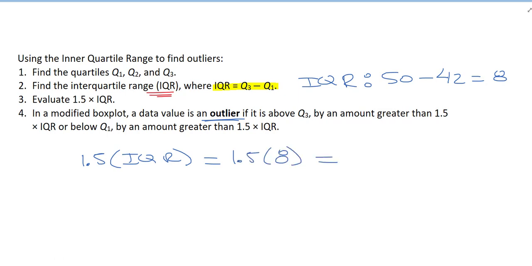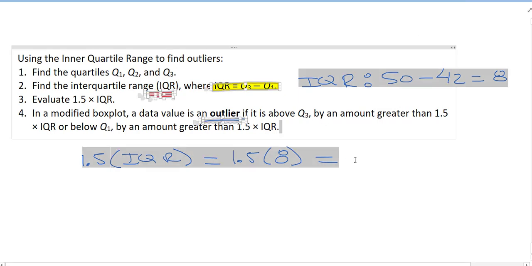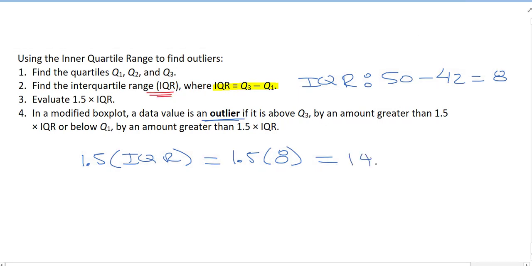And what is that? I get 14.4. So Q3 was 50, right? So then if there is a value that is 1.5 IQR greater than Q3, then that is an outlier.